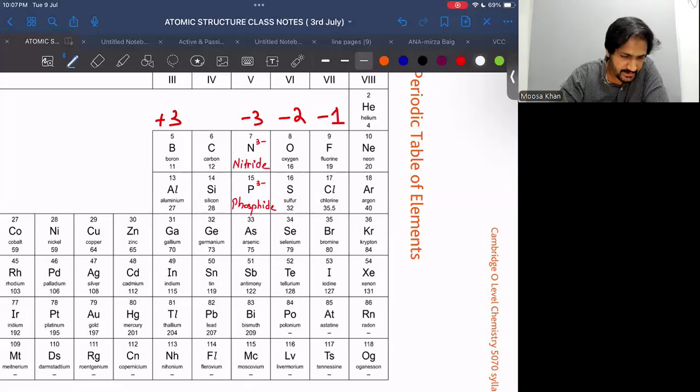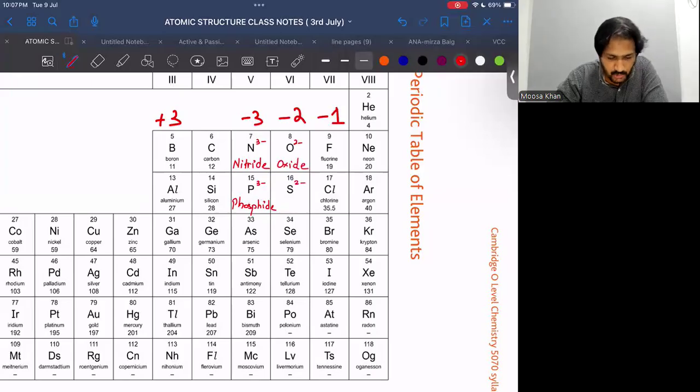From group 6, you have oxygen and you have sulfur. When an oxygen atom forms an ion, it gets a charge of 2 negative and its spelling becomes oxide, O-X-I-D-E. For sulfur, it becomes sulfide.